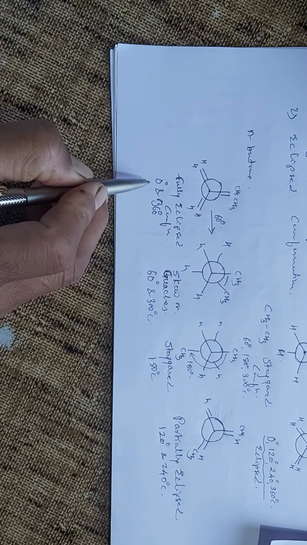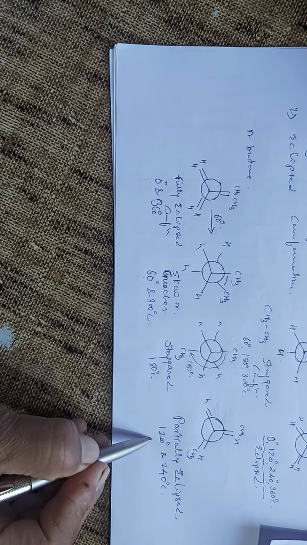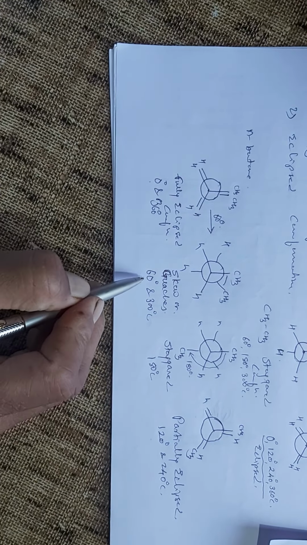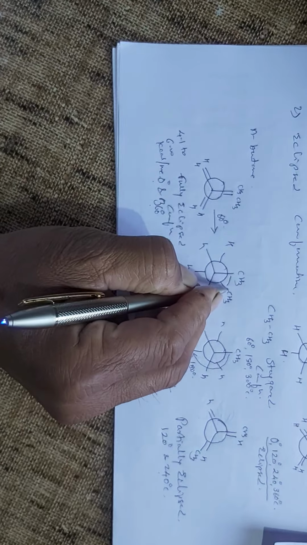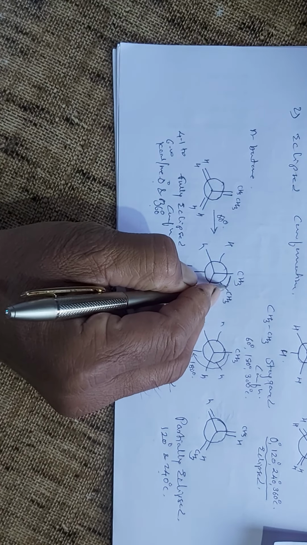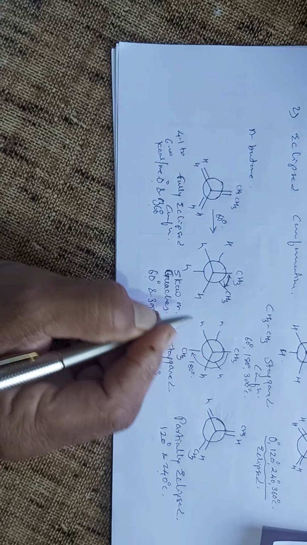So here see 0, 60, 120, 180, 240, 300, 360 means one full rotation of the carbon-carbon single bond is taking place, and all these different conformations are possible. This is most unstable, having the energy 4.1 to 6 kilocalories per mole, whereas this skew means they are away from each other by just 60 degree.